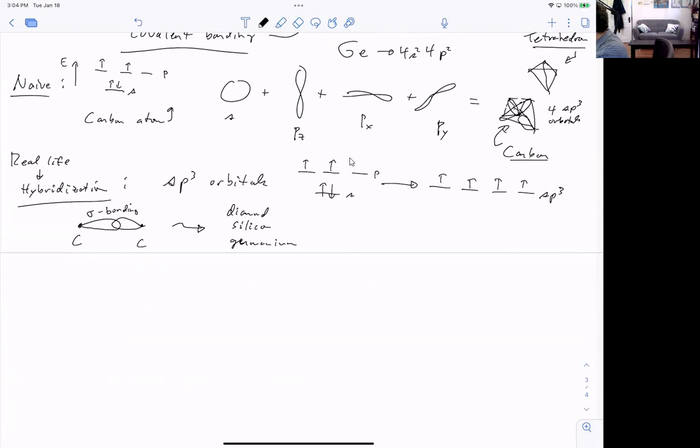And then there are other ways that our orbitals can form too. So there's another type of hybridization, which is that you can get sp2 bonding.